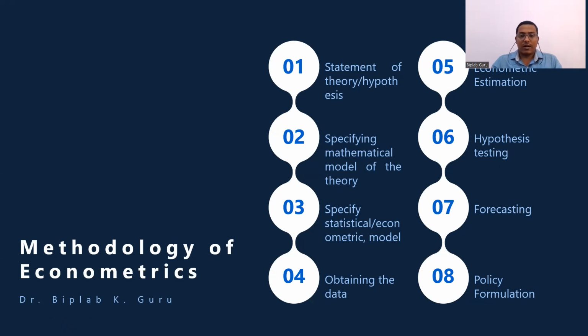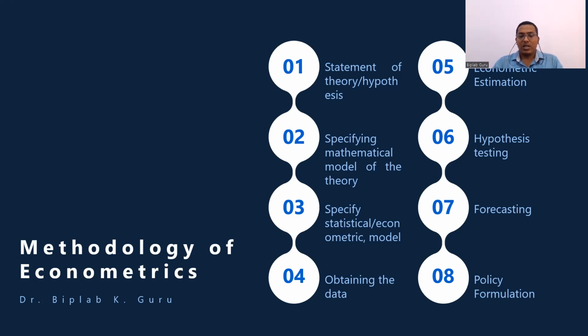These are the eightfold methodology used in econometrics. First, we specify the statement or frame our hypothesis. The second step, we specify a mathematical model that is suitable for specifying the theory. Thirdly, we specify a statistical or econometric model.